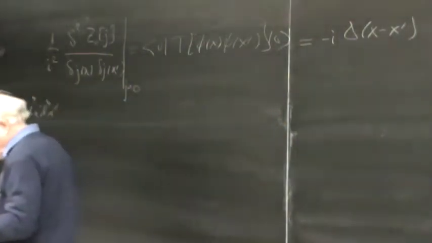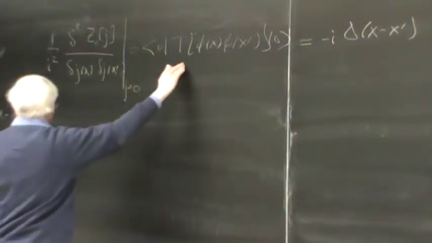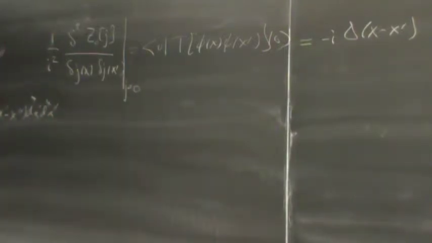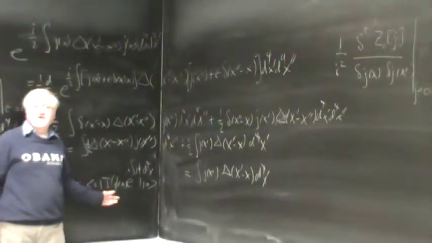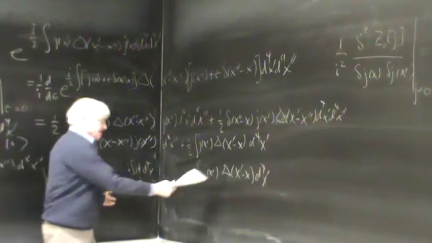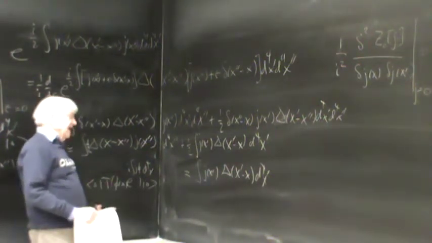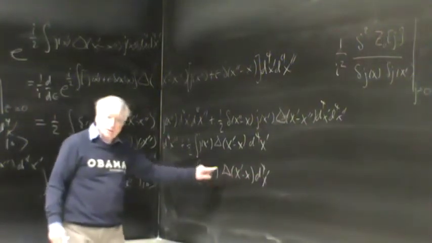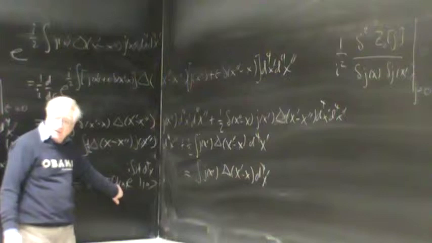Now, I've just written this down, but we can in fact derive it from this relation. In other words, we can take the functional derivative of this equation with respect to J of x prime, and then that will give us delta, and on the other hand, over here, it will give us another phi.